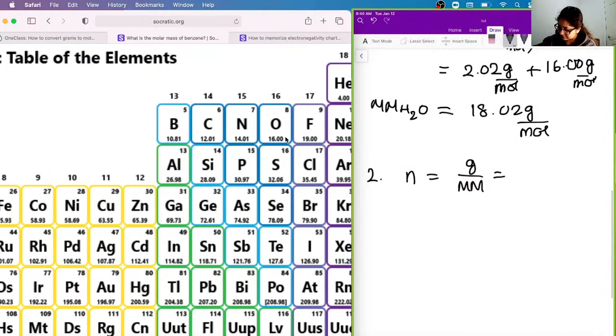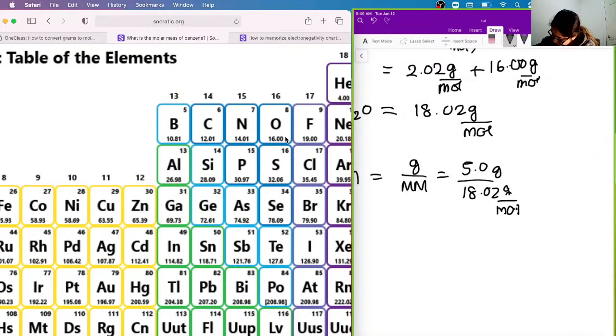We have 5 grams, and the molar mass is 18.02 grams per mole. We divide these two numbers and get 0.28 moles of water.